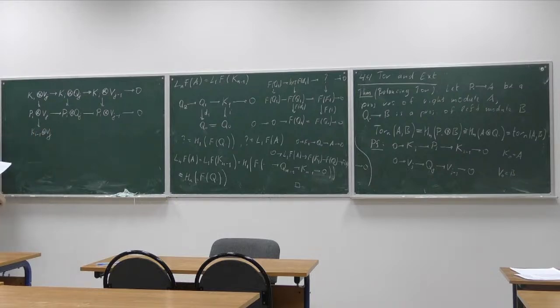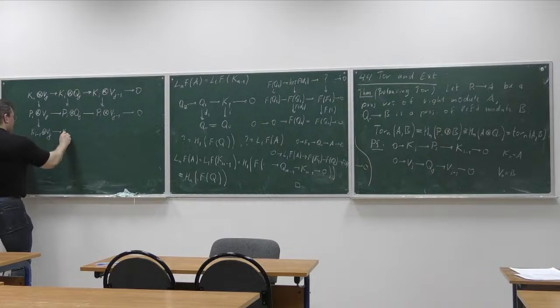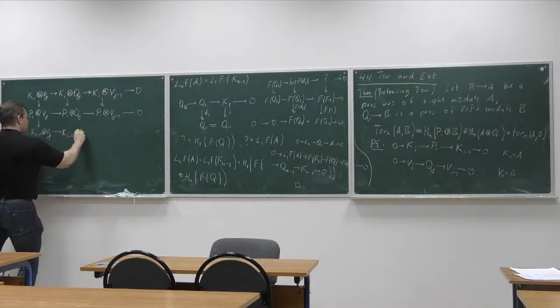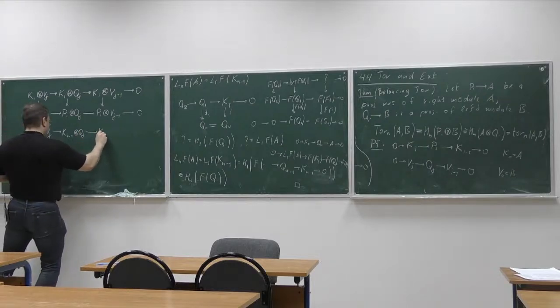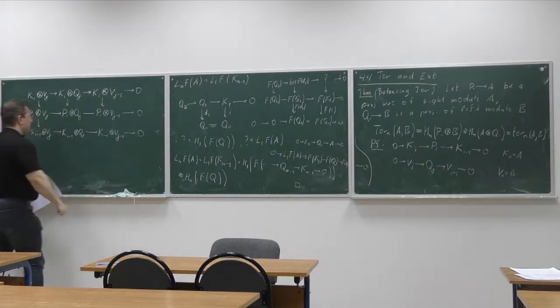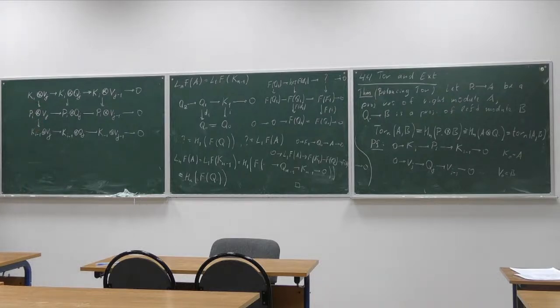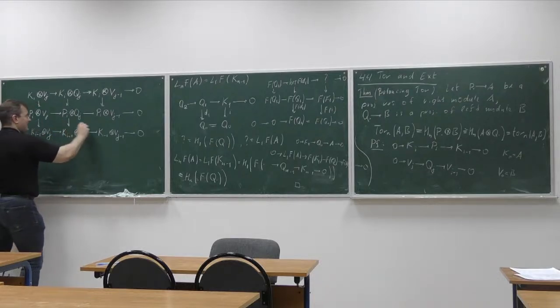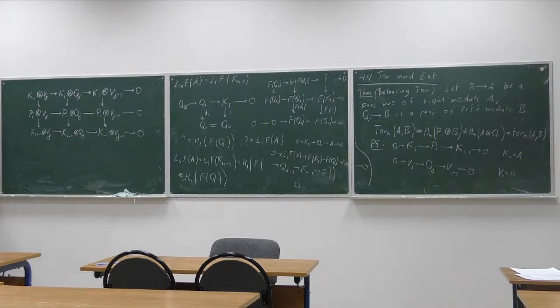So all the maps in this diagram are supposed to be easily identified as just a tensor product of maps. Yeah, and I've done my best to distinguish i and j. Okay, so this is what you get.